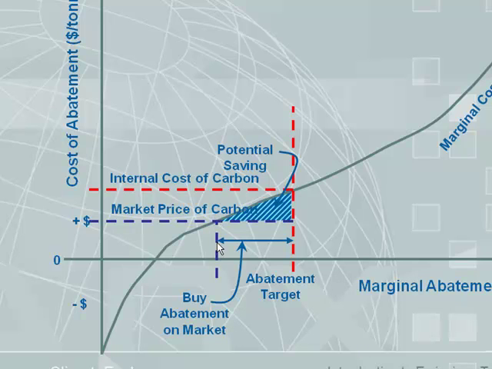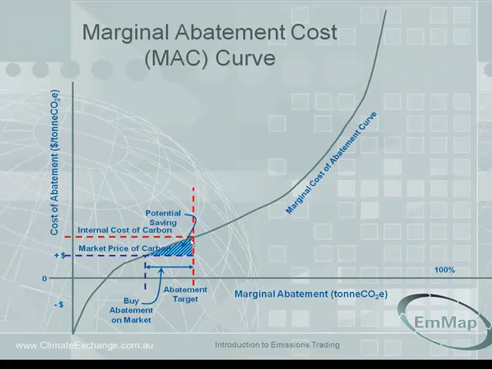It makes sense for us therefore to buy abatement from the marketplace, or in other words, sponsor someone else to do that abatement at a cheaper price than what we can do it at. Therefore we save this area that is hatched underneath the curve. That's our potential saving by buying abatement from the market rather than doing it ourselves.